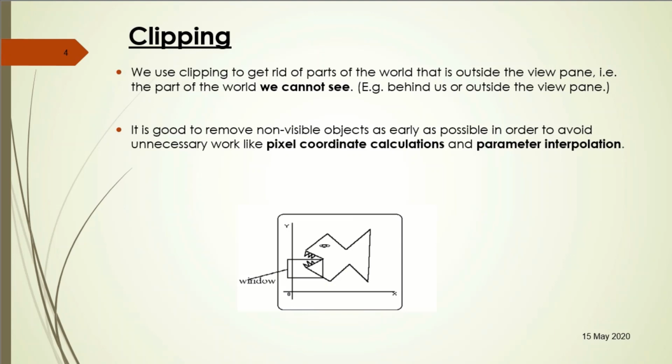And it is better to identify those non-visible objects as early as possible, because we want to avoid unnecessary work like pixel coordinate calculation and parameter interpolation. That's why we need to identify those portions that are outside as early as we can.